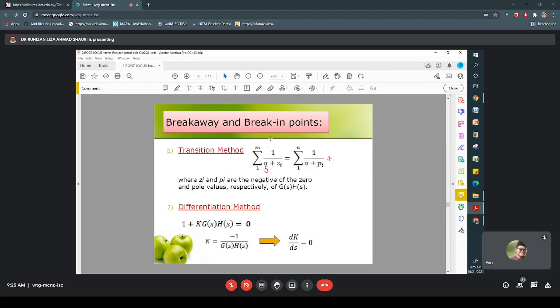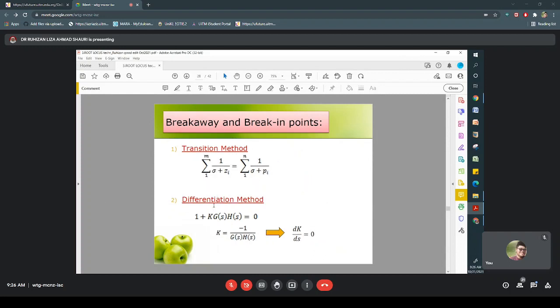You can rearrange that and solve for S. The S solution gives you the information about the break-in or breakout points. Some loci have both, some have only break-in, some only breakout. Get it?